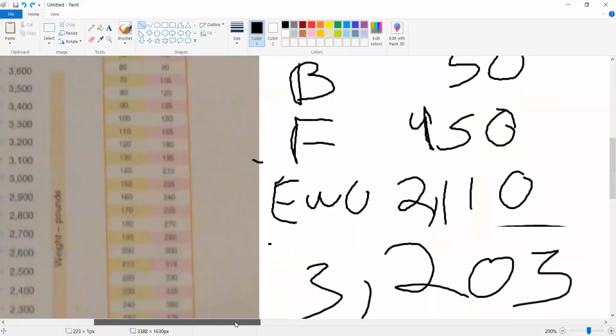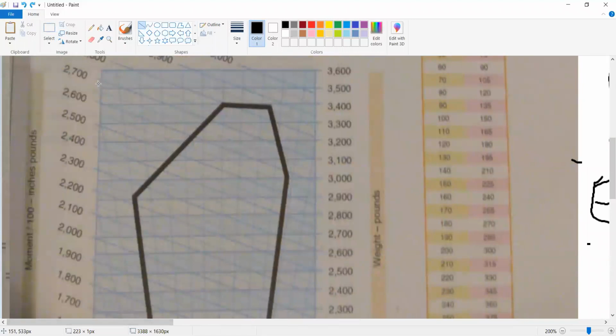So let's do this datum properly. All right. So we're at 2,600 over here. Right. You could do it this way as well with the chart.